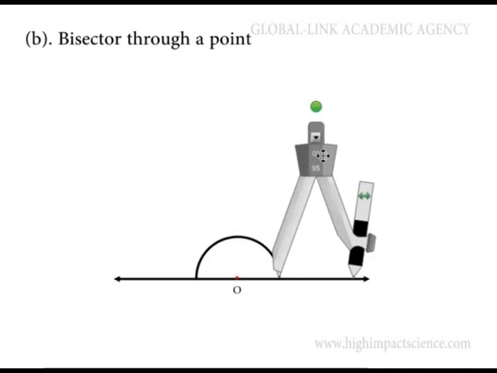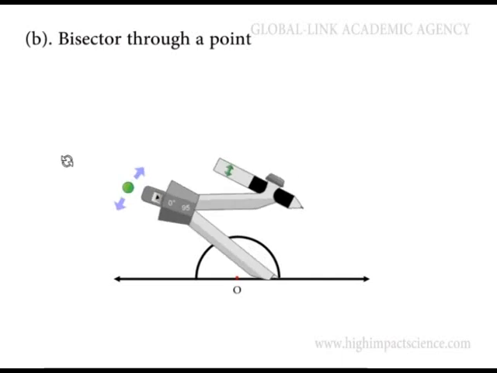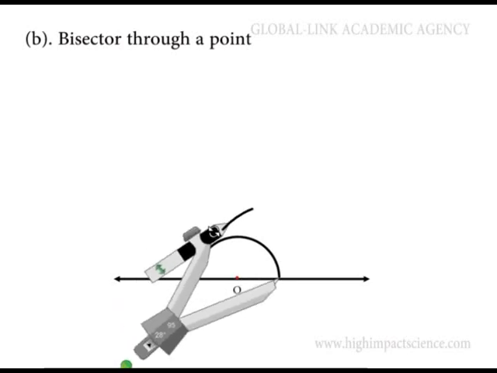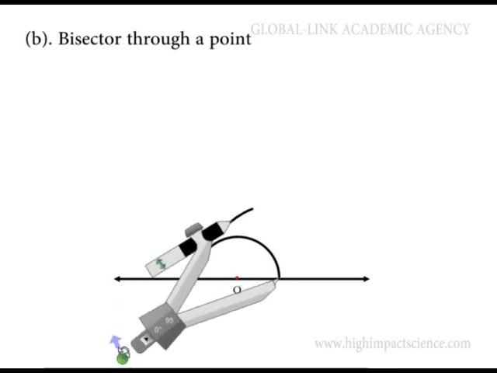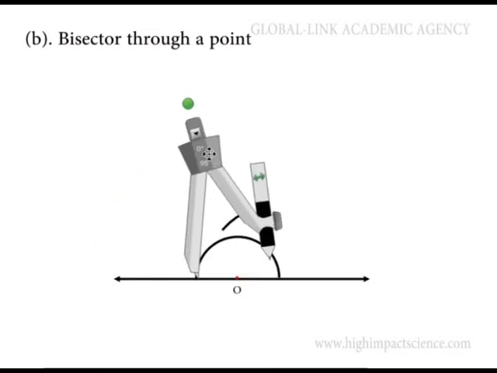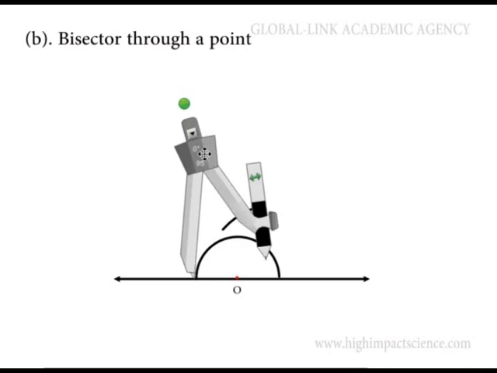We place the compass at the intersection here and mark an arc above the point here. Then, without changing the radius, place the needle on the other point and again make another arc.